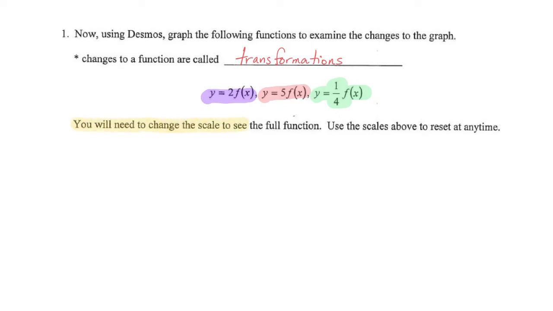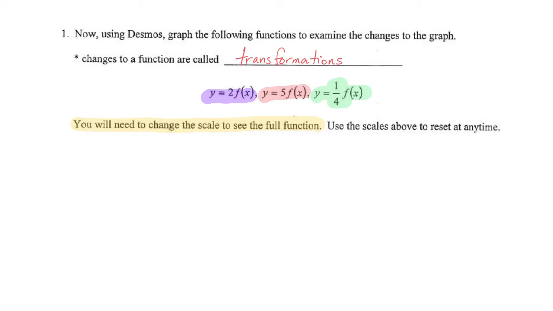We're going to have to change our scale sometimes to be able to see the full function, because one of our changes may end up making that graph so much bigger that it doesn't show up on our screen the same way. And so maybe we zoom in, zoom out, do whatever we need to.